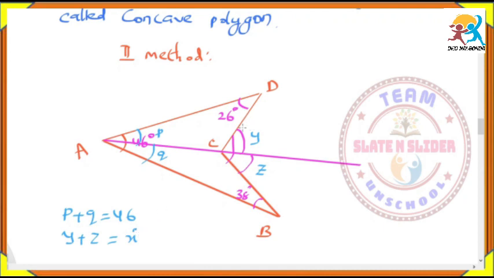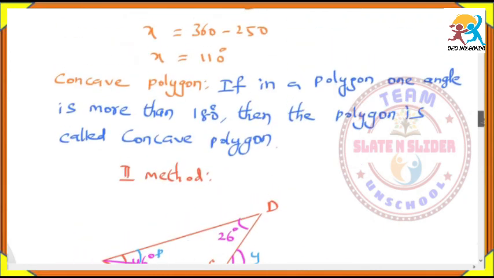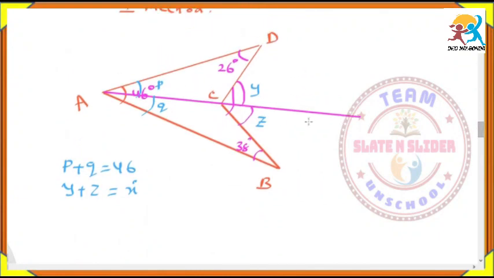What should we have to find? First we should find Y and then after Z. By adding these two we get X. Take the upper triangle, that is ACD.